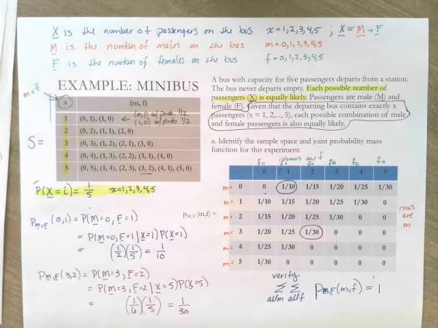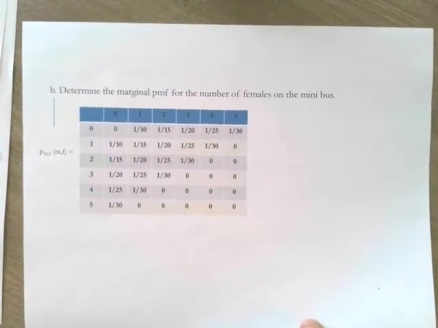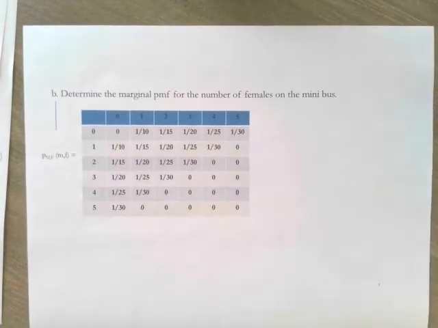Okay, so let's move on to part B of this problem. Part B says, determine the marginal probability mass function for the number of females on the bus. All right, now this is part B here. And what I did here to be able to show you how to do this is I simply reproduced the joint probability mass function from the previous slide.